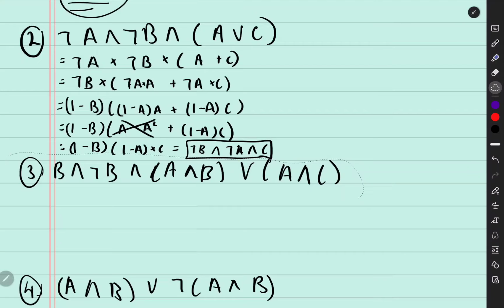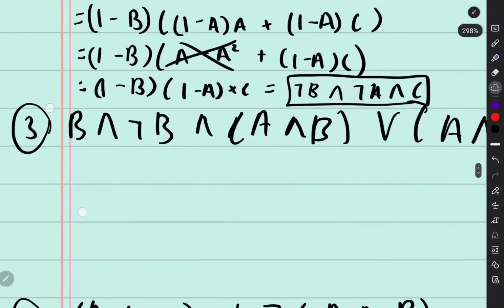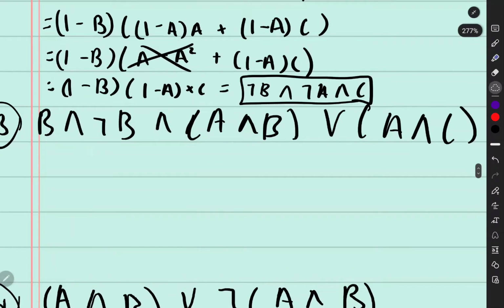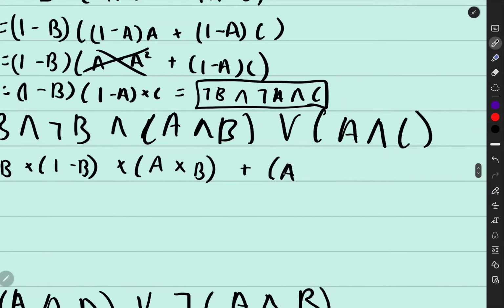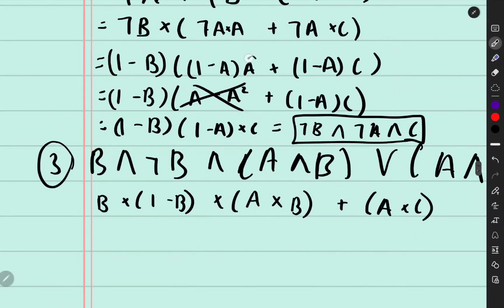Now, okay, so question 3. Now you're gonna think that this is a bit difficult, but it's not. It is not. B times 1 minus B times A times B plus A times C. Now we know that when you have a value times the not of that value, it gives you 0.